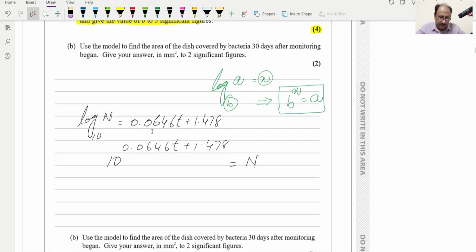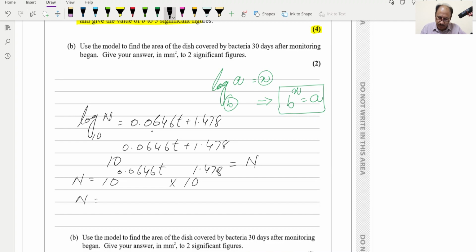Further, now we can write the equation, for example n is equal to 10 raised to the power 0.0646 t, and separately we can write 10 raised to the power 1.478. By the indices rule we have separated these two, and next we can calculate this.